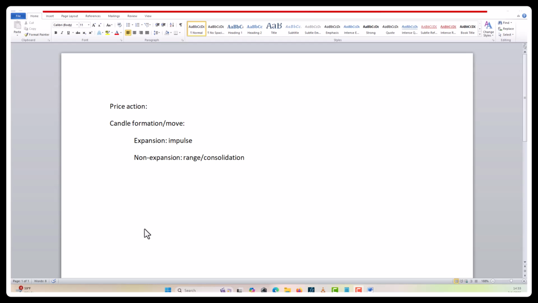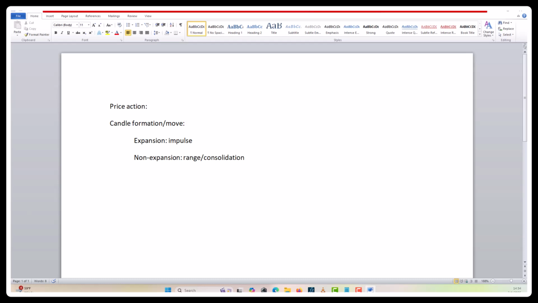So basically we try to study the price action right here. When we're talking about price action, we're talking about the candle. In this case, we use the candle as our expression of price action. There are different kinds of candles out there, but in this case we just choose the candle formation, the candle type.